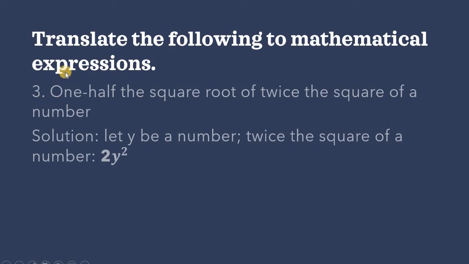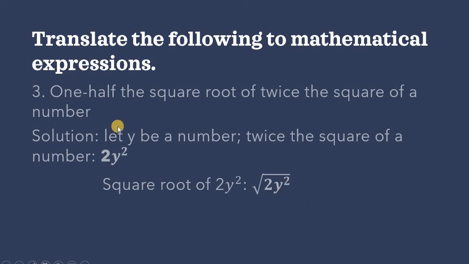This means the number, our variable, is raised to 2. That is why it became 2y squared. It says square root of twice the square of a number, so what we do is put 2y squared inside a square root. So, we now have the square root of 2y squared.